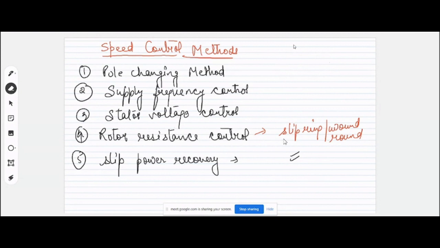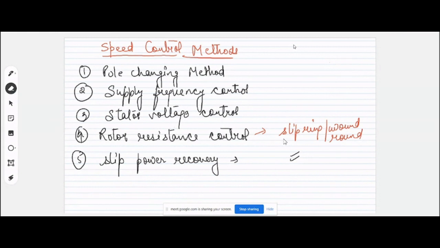After discussing the starters for the induction motor, we started discussing the speed control methods for induction motors. As speed control methods, we discussed some of the fundamental methods of speed control for induction motors.